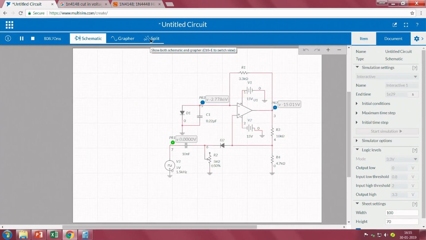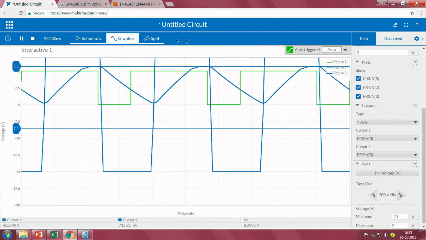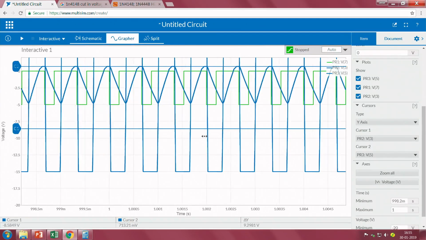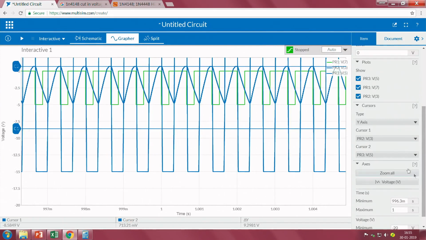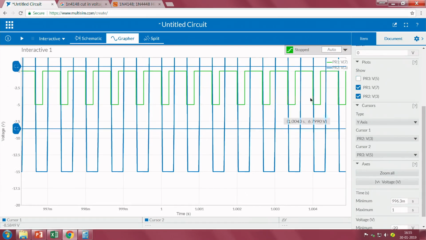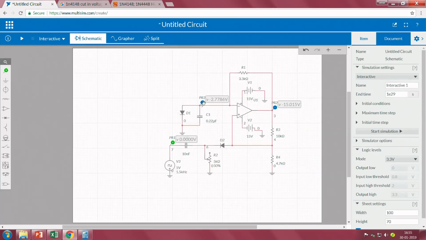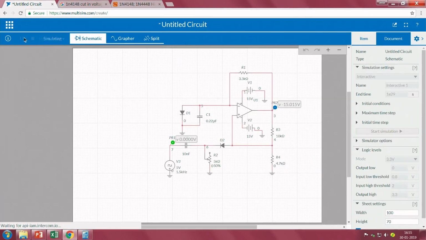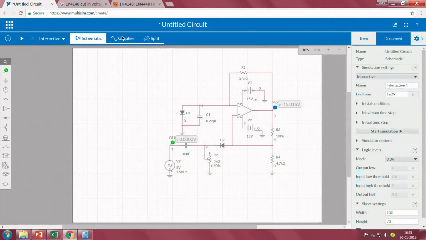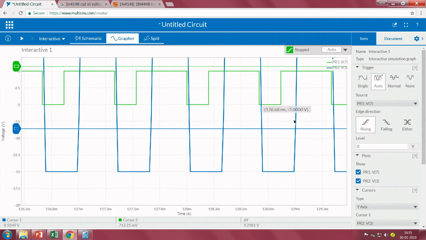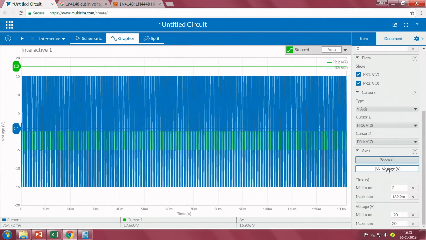Okay. So the idea was not even that, we have to see whether the pulses are proper or not. So let me close PR3 schematic. Grapher, then zoom all.